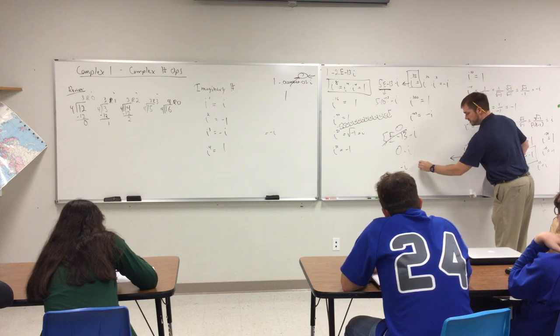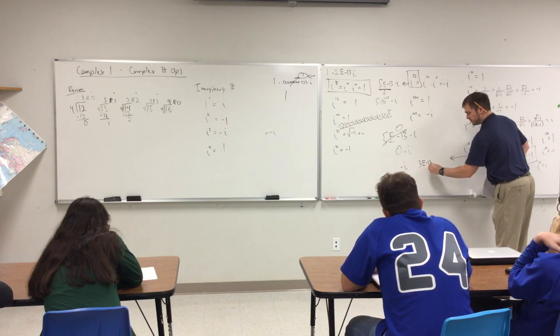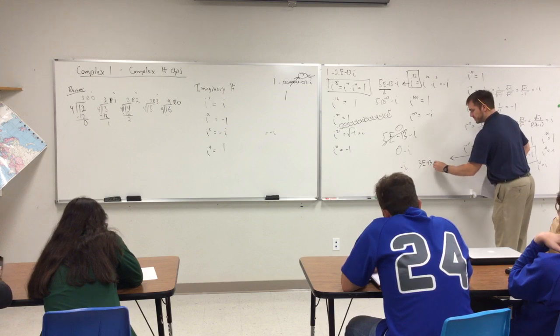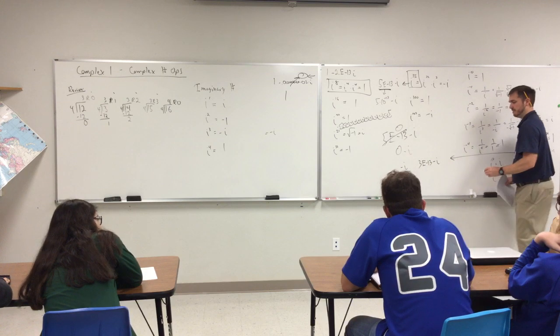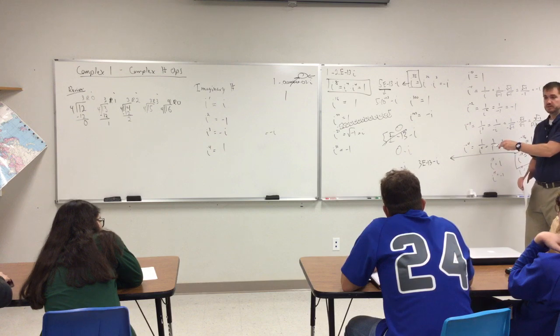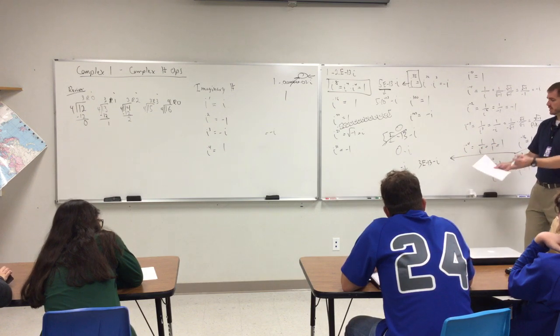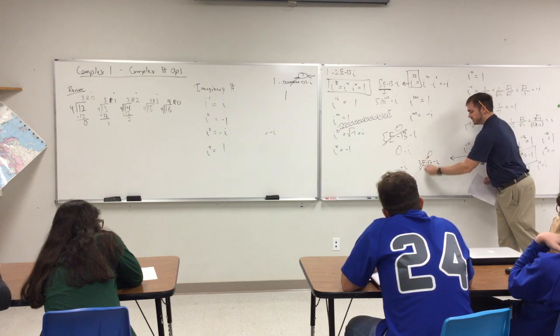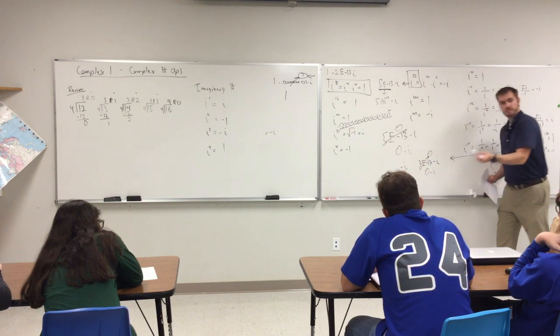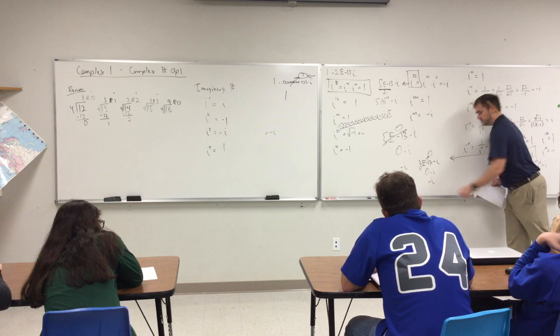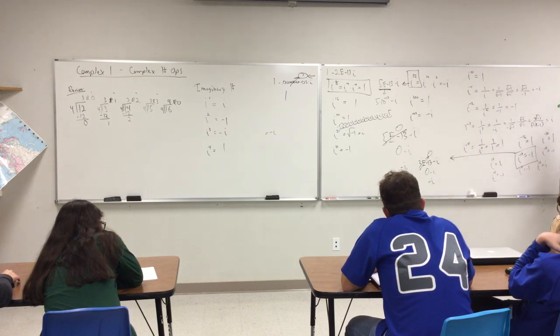I'll say it again, 3e negative 13 minus i. Everybody else got something like that? 3e to the negative 13, I think we can all say, calculator approximations, that's essentially 0. So 0 minus i, and 0 minus i is just negative i, which is what we were expecting.